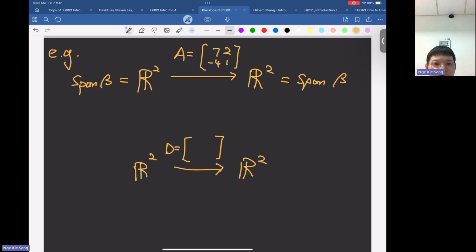The diagonal matrix we found last time was 5, 0, 0, 3.